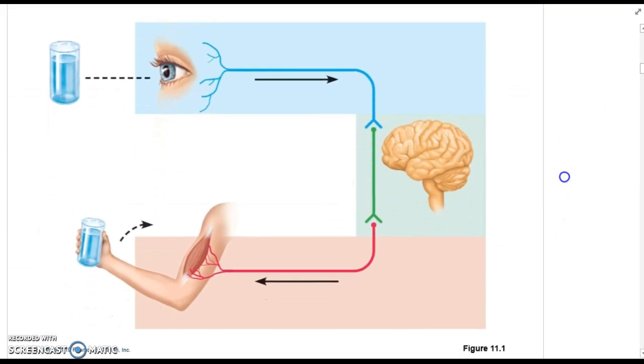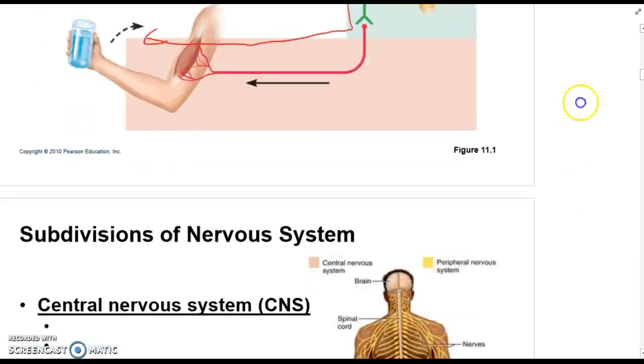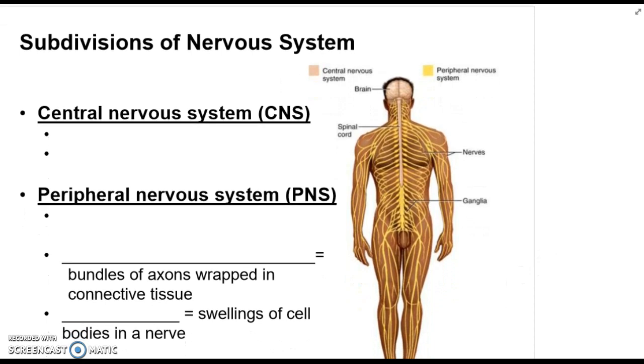To give you a picture of what this would look like, the person here sees water, it goes down, the brain inputs that, and then the actual motor reflex would be drinking the water.